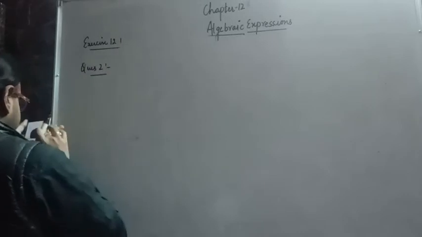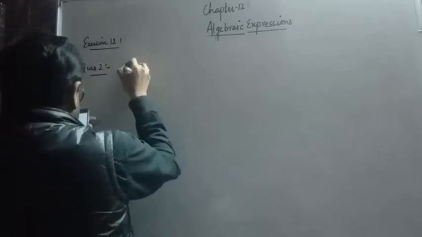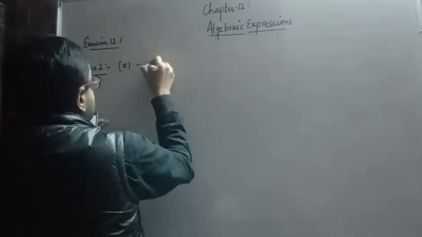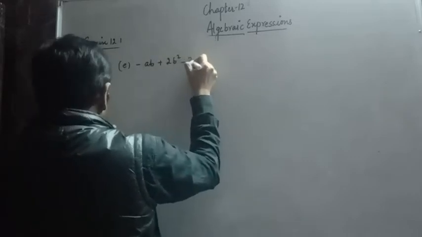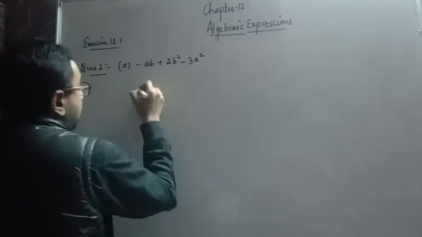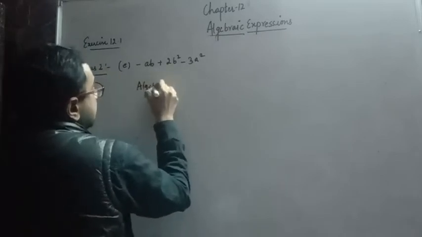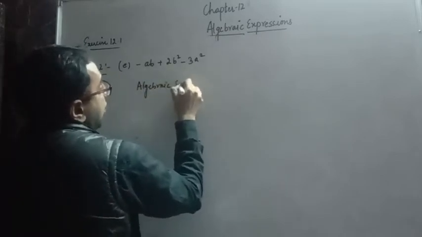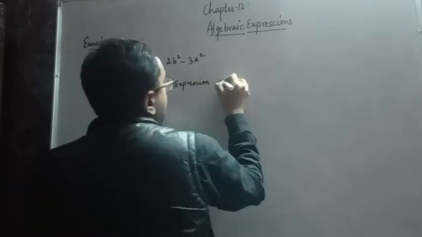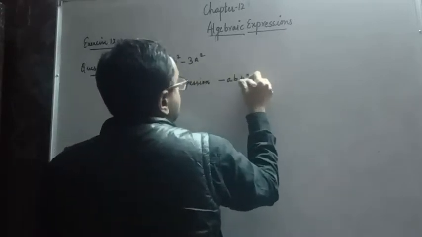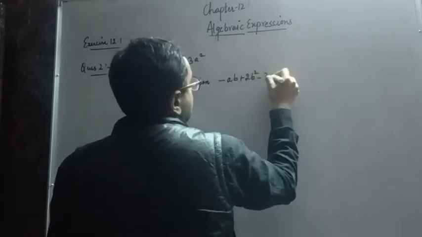I'm taking first part, minus AB plus 2B square minus 3A square. First of all, we write the algebraic expression. This is the way of writing. Follow this method only. This is very important. Minus AB plus 2B square minus 3A square.